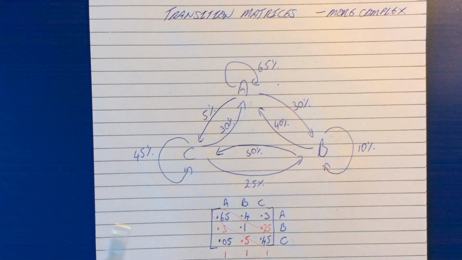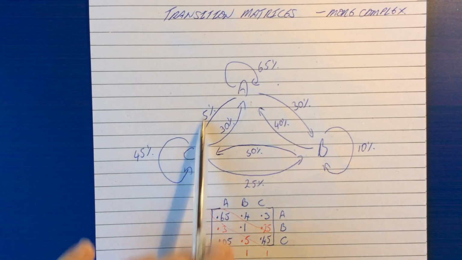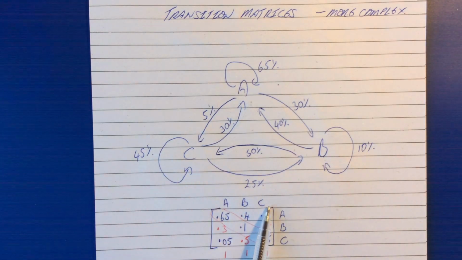So if we were going to pick a time and say that this reflected weekly changes, this would be this week and this would be next week. And we can use transition matrices to model likely changes in value over time, more than 1 week, 2 weeks, 3 weeks, 4 weeks, whatever.